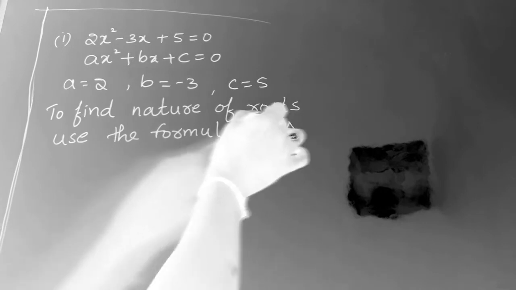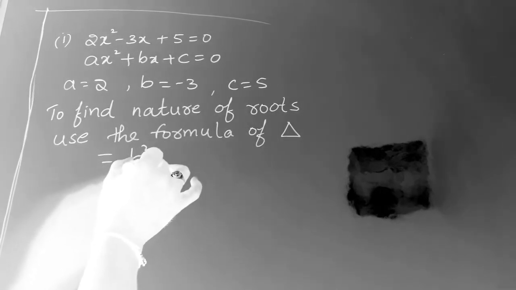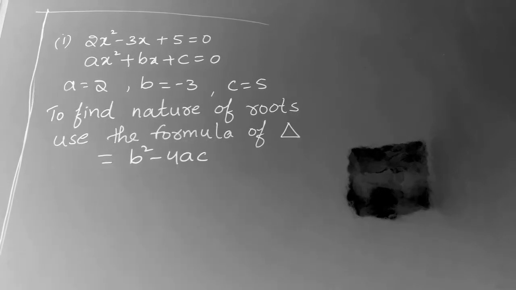Discriminant, that is delta, is equal to b square minus 4ac. B square minus 4ac is the formula to find out the nature of the roots. So now we will solve this question and find out what type of roots we have.